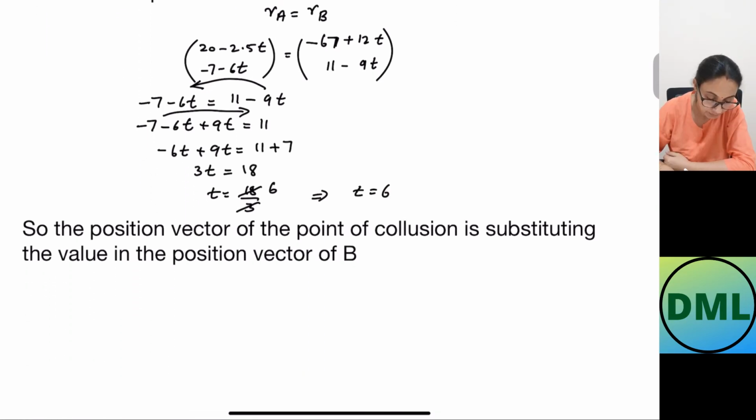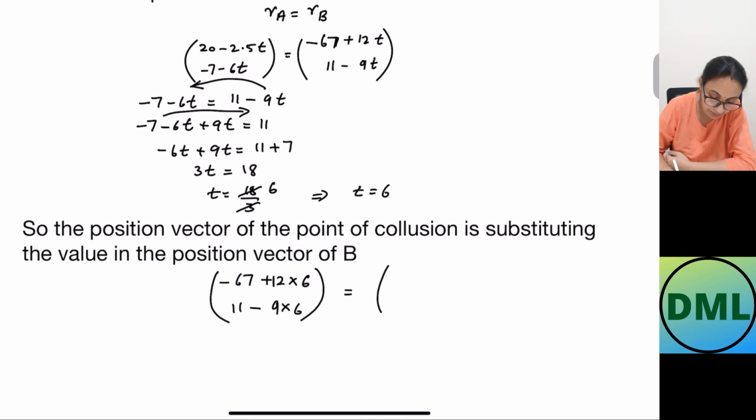Now to find the position vector of the point of collision, this is obtained by substituting the value of t in the position vector of B. So this is the position vector of B. I'll substitute the value of t here. It will be minus 67 plus 12 times 6, and 11 minus 9 times 6.